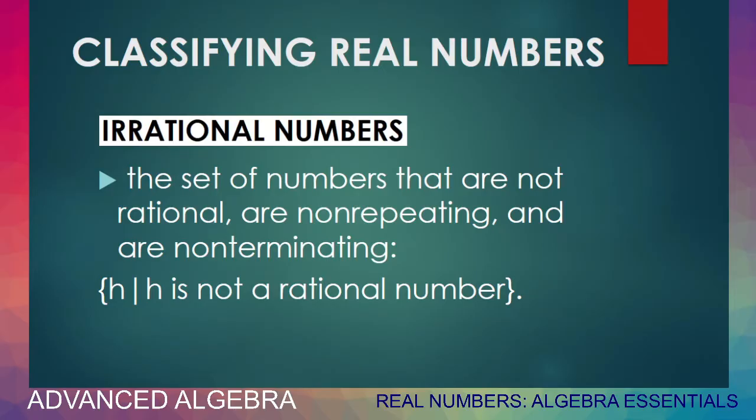Kumbaga, hindi tumitigil yung ating decimal natin. So, non-terminating siya. So, non-repeating, ibig sabihin, yung mga decimal niya hindi umuulit. So, yun yung sa irrational number. So, yung irrational is not a rational number.